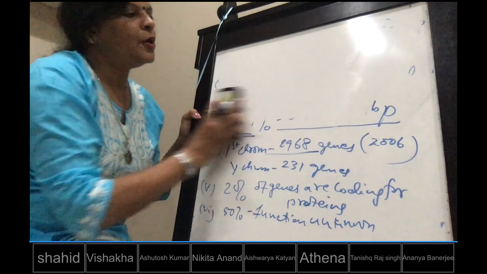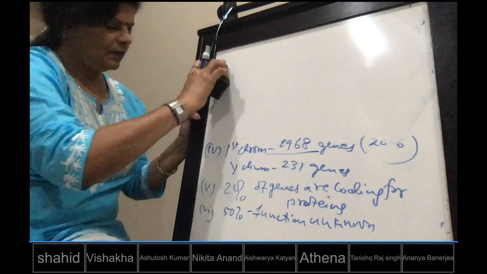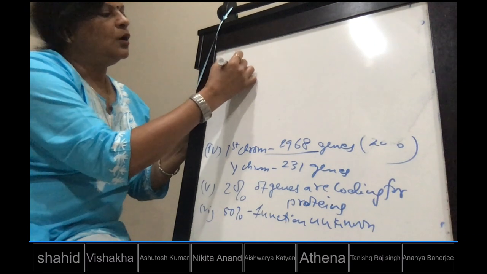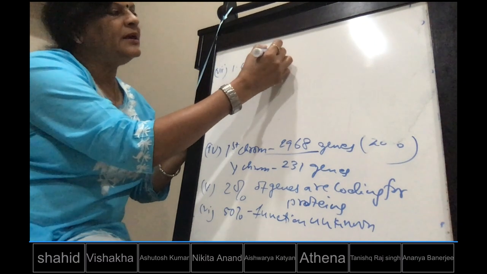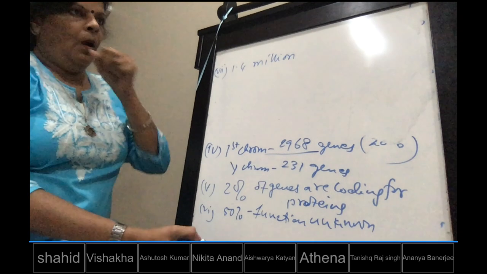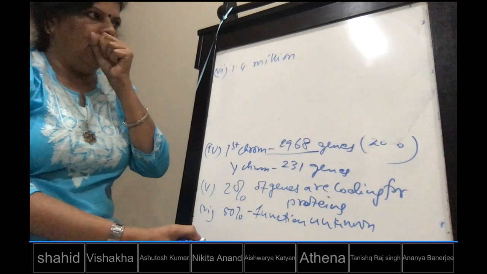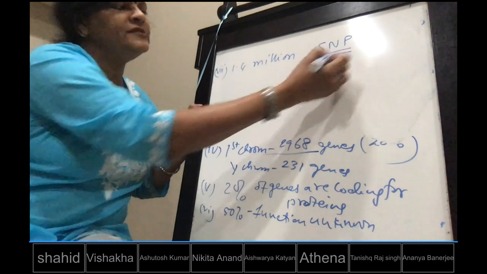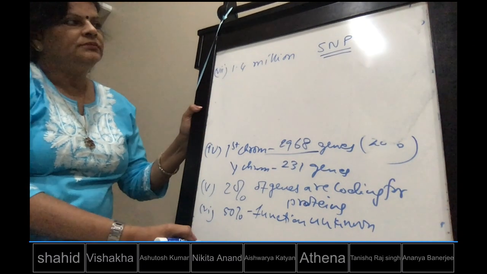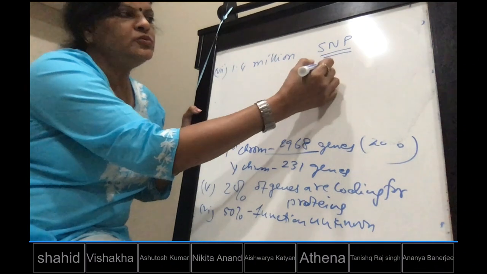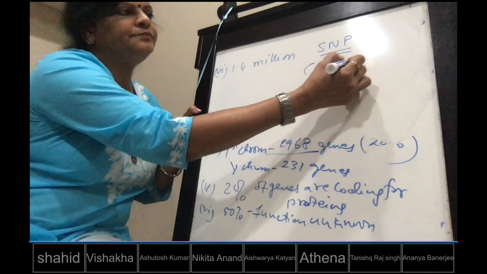So that was the sixth point. Seventh, 1.4 million single nucleotide polymorphisms, SNP, which is pronounced as SNPs.